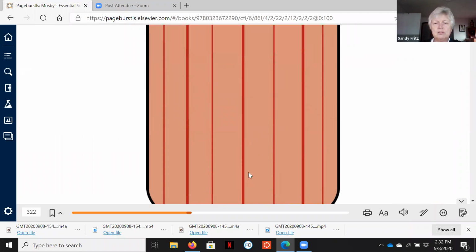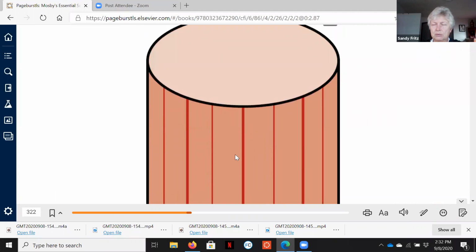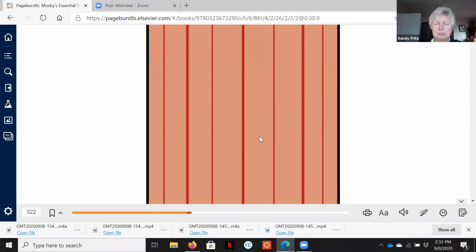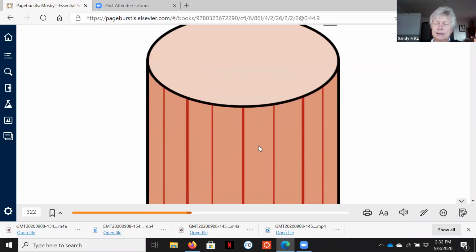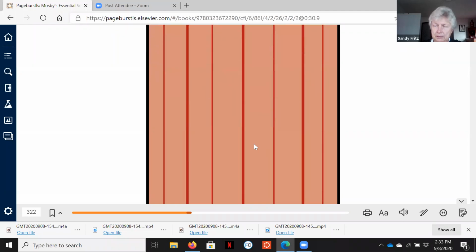So if a muscle's fibers are up and down, and they move up and down on the body, then you can have a pretty good idea that those muscles are going to function on the sagittal plane. They're going to produce a lot of movement, and they're going to be flexors and extensors.